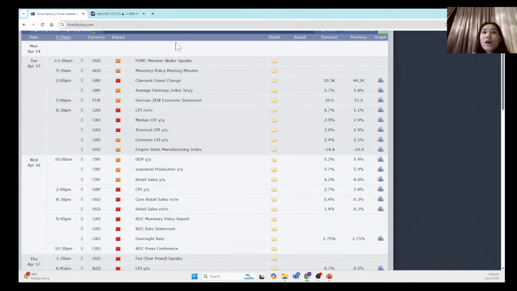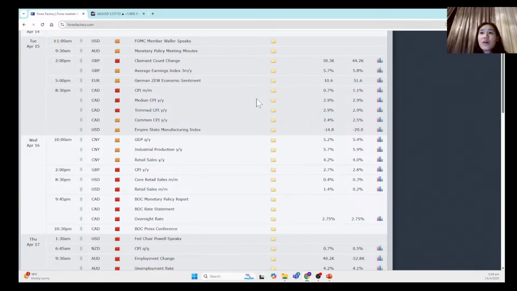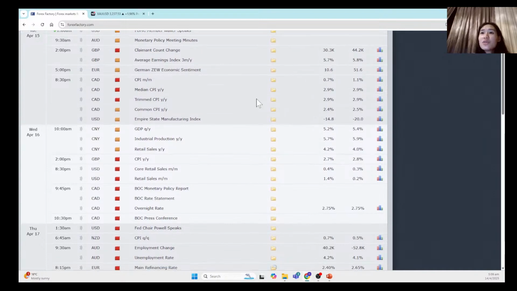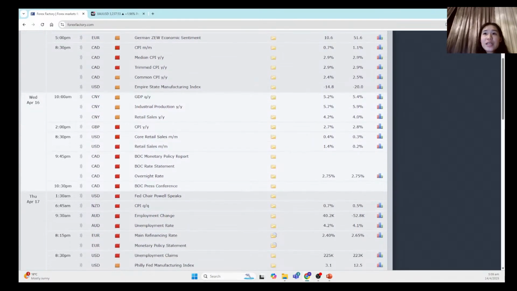Okay, so today on Monday, we don't have any major events. Tomorrow, we have FOMC member Wallace speaking in the US. We also have claimant count change in the UK, average earnings index, 3-month year data. Eurozone, we have German ZEW economic sentiment, Canadian CPI data.